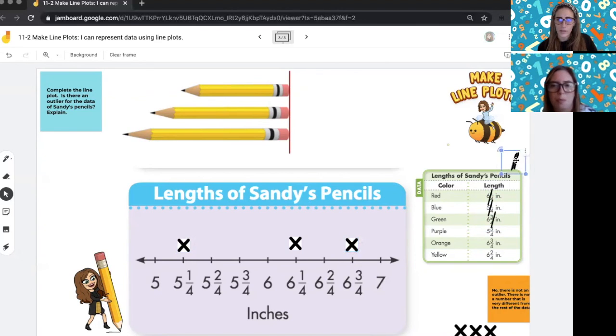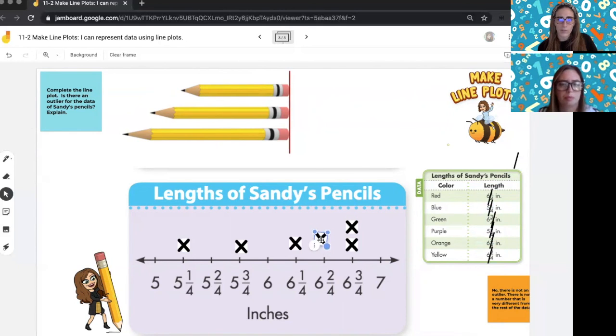Purple? And the purple is 5 3/4 inches long. Orange is 6 3/4 inches long. And yellow is 6 2/4 inches long.